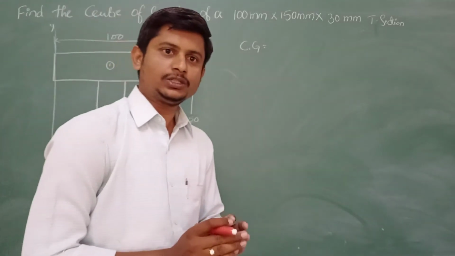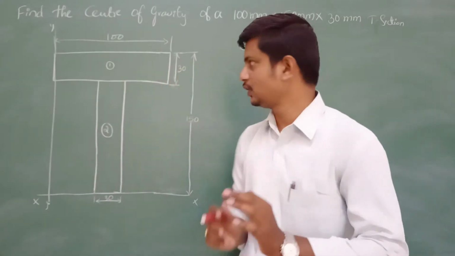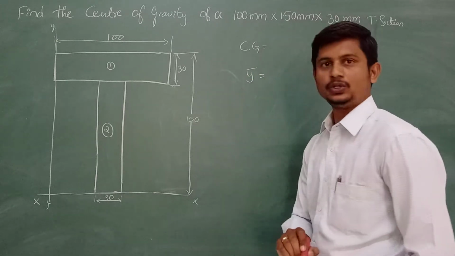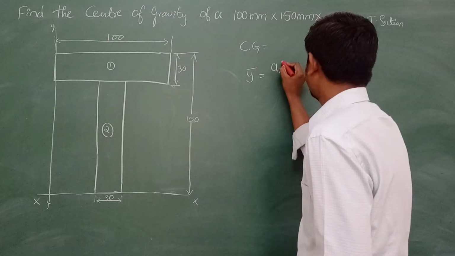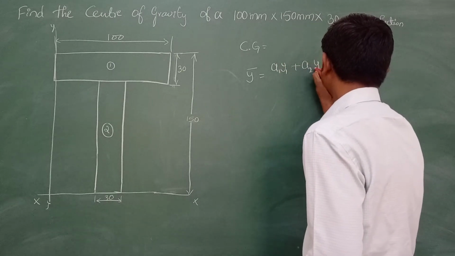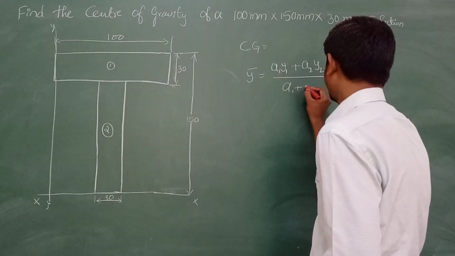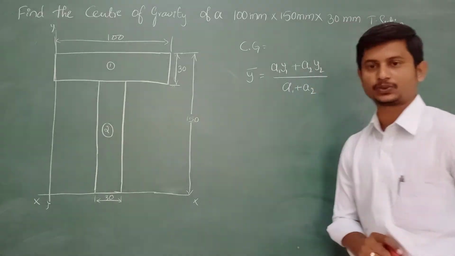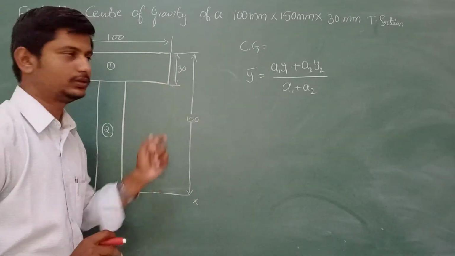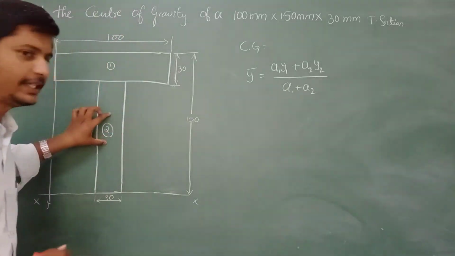So we know that along the y-axis the center of gravity is found by using the formula y dash is equal to a1 y1 plus a2 y2 divided by a1 plus a2. Where A1 is the area of the first web, and A2 is the area of the second web.